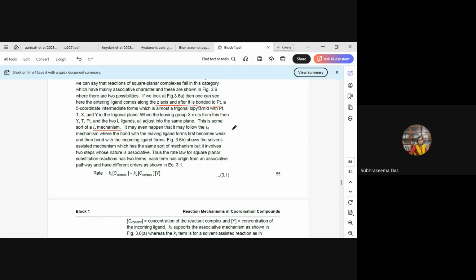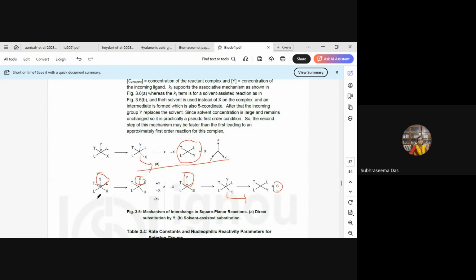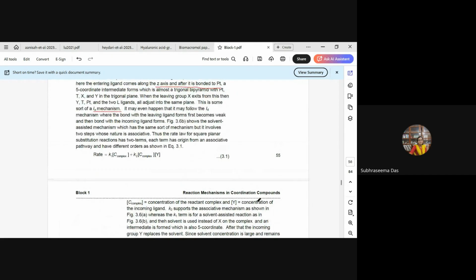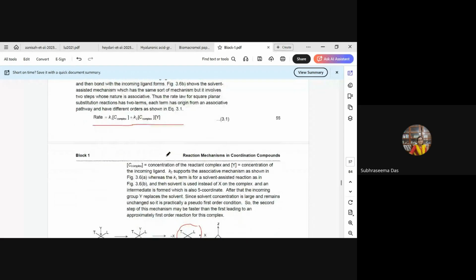Then in figure 3.6b, we talked of the solvent assisted substitution reactions, as depicted here. So particularly the rate law for square planar substitution reactions has two terms, and it is represented as K1 times the concentration of the complex plus K2 times the concentration of the complex times the concentration of Y. So here the concentration of the complex means that of the reactant, and Y is the new ligand.